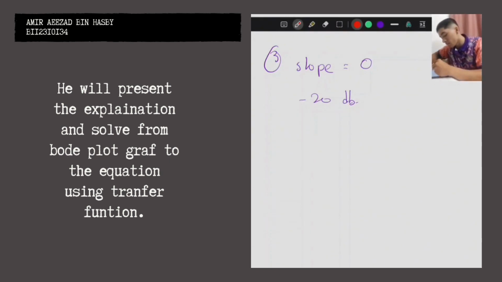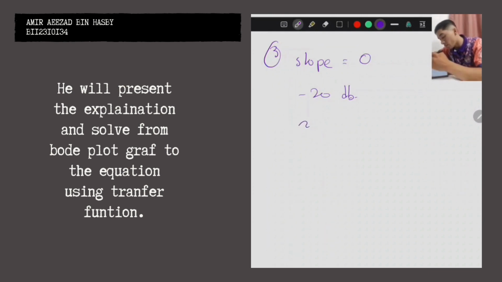Because the graph is now increasing by 20 decibel, and the value that we need is minus 20 dB to get 0. Therefore, our graph roughly will look like this.